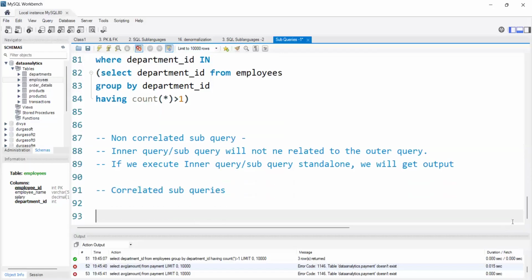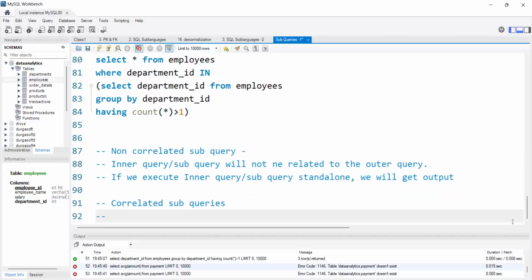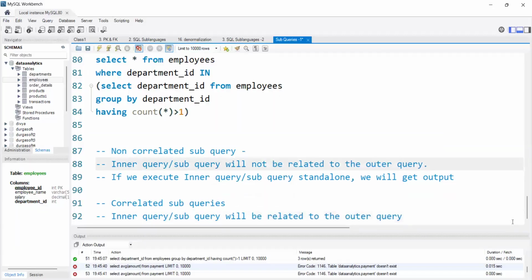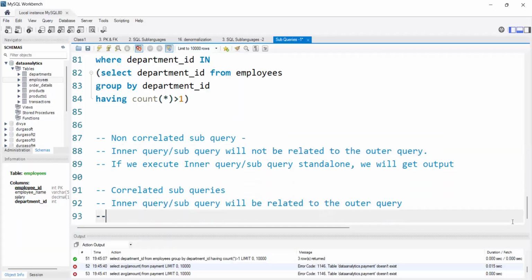It is exactly opposite. Here the inner query or subquery will be related to the outer query. That is, my inner query or subquery will be dependent on the outer query.